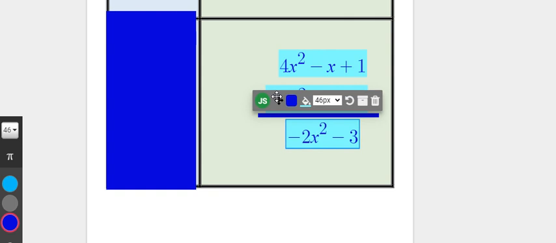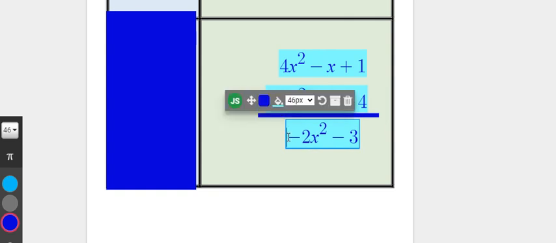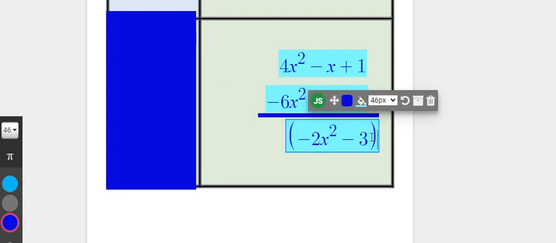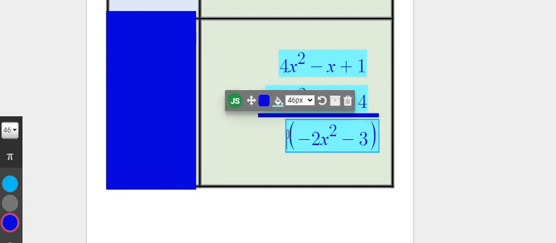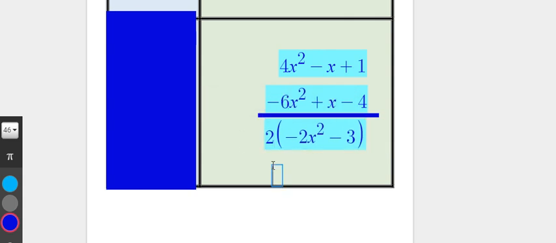So the next thing we do is twice. So we put this in parentheses and distribute 2. So put my 2 in front and multiply everything inside parentheses by 2. So 2 times negative 2 is negative 4x squared.